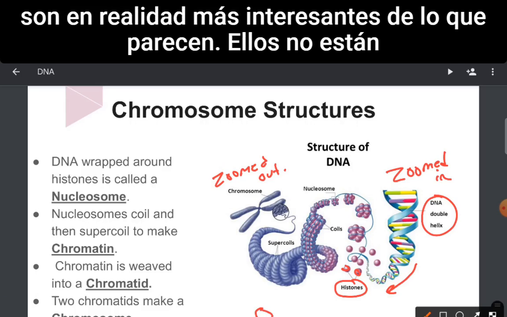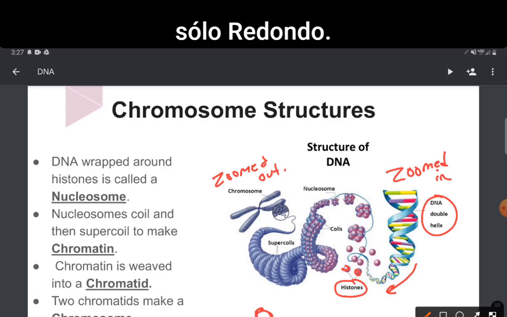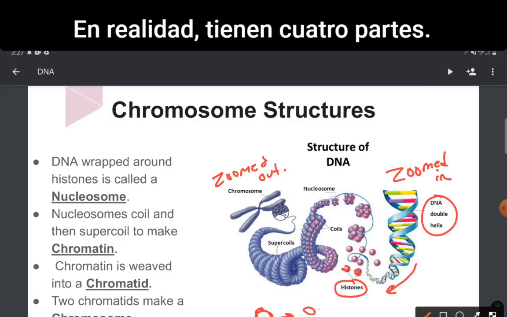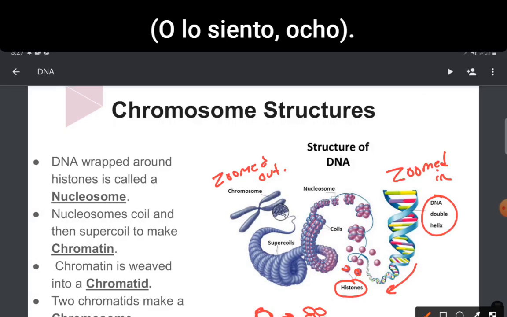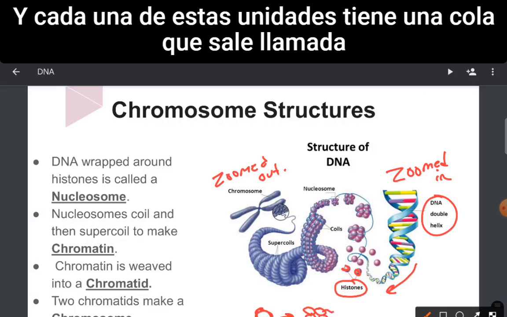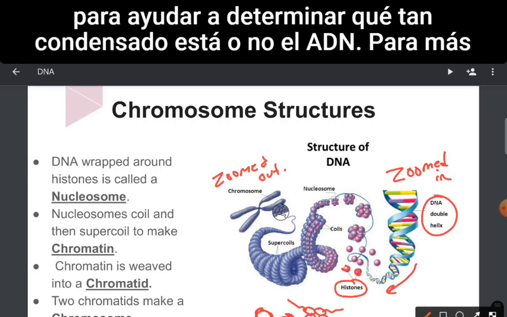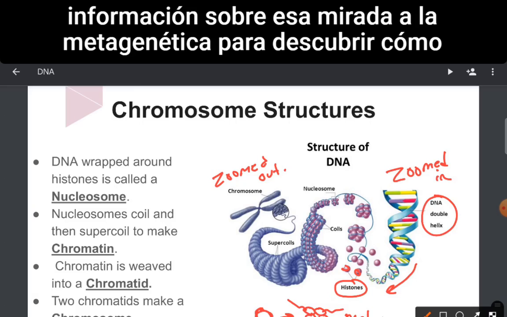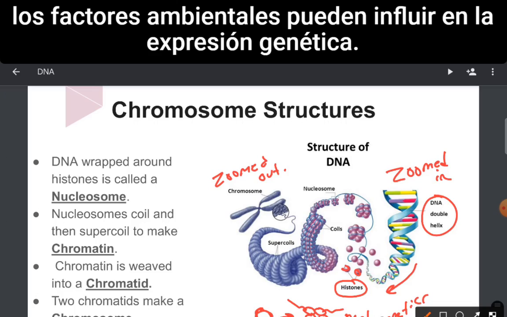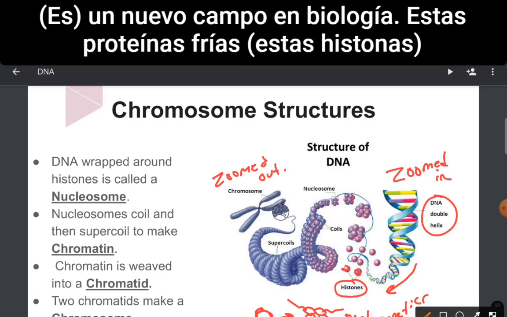These proteins are actually more interesting than they look. They're not just round. They actually have 4 parts, or 8. And each of these units has a tail that comes out, called a histone tail. These tails interact with environmental elements to help determine how condensed DNA is or is not. For more information on that, look at metagenetics, to find out how environmental factors can actually influence gene expression, a new field in biology.